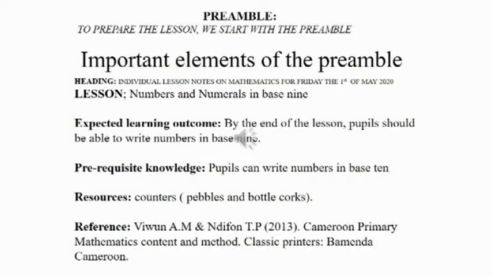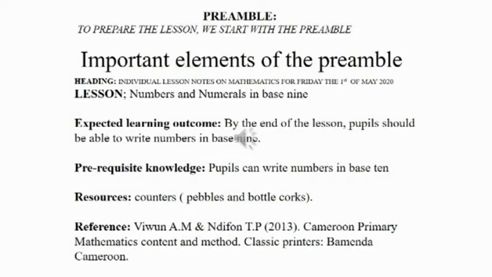This is very suitable because all along from the nursery schools, pupils have been counting and writing numbers in base 10. They necessarily do not know that they are writing those numbers in base 10. Another item which is very important on the preamble is resources.